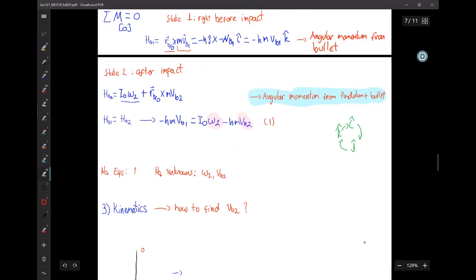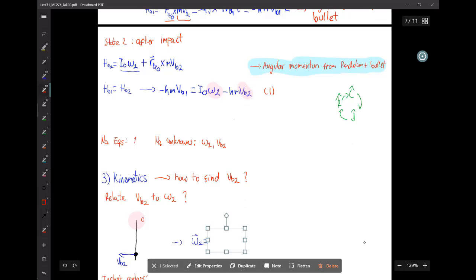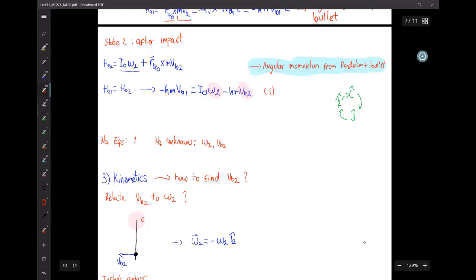So the kinematics are rather simple. I hope it's rather simple by this time, right? Because what we need is to find a way to relate the velocity of the particle with the angular velocity of the pendulum. So we know that point O is fixed. So what is that? That's an instant center. Then here, just for completeness, our angular velocity is negative because it's clockwise.